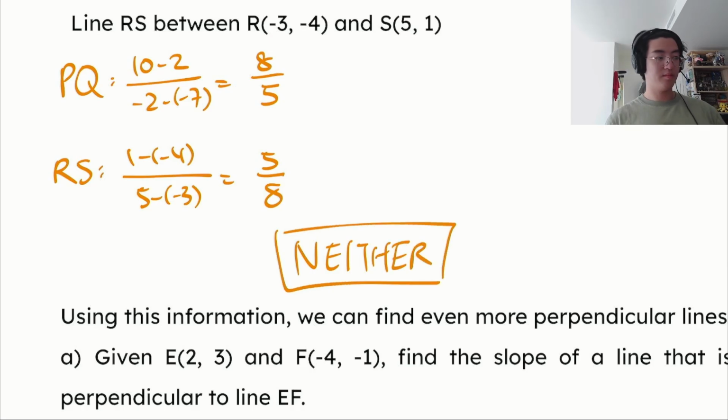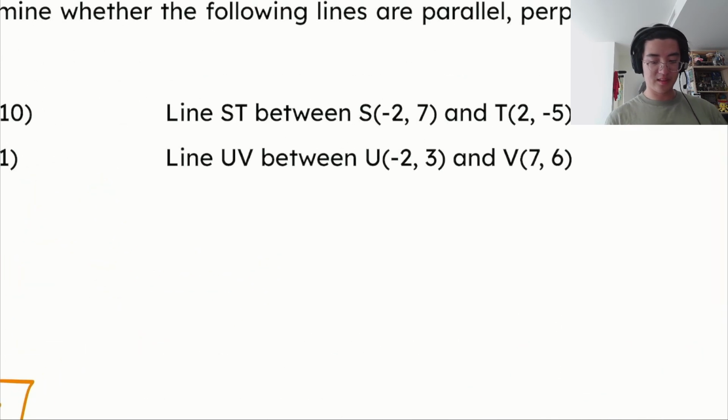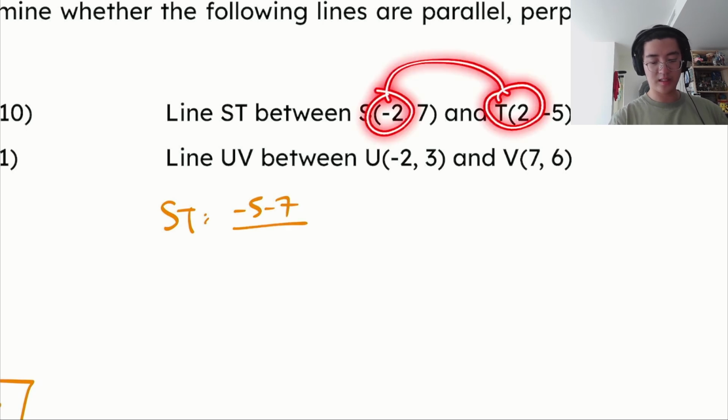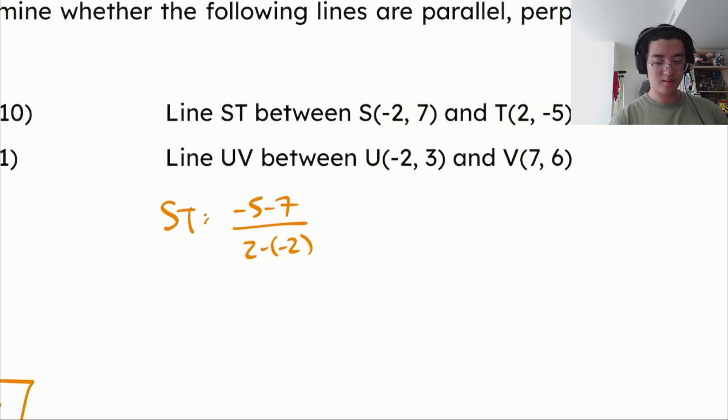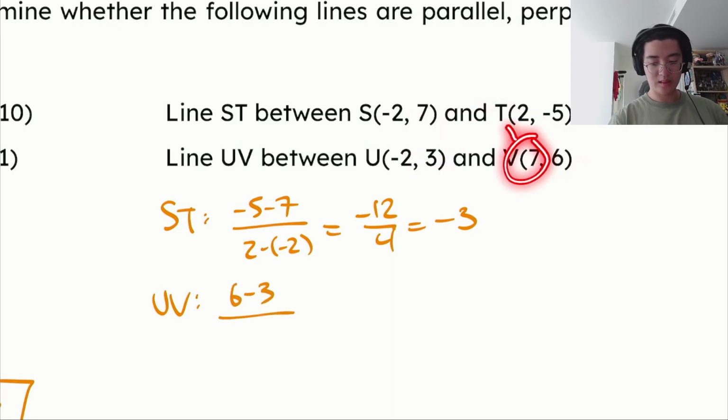Okay, how about this one? Negative 5 minus 7, over 2 minus negative 2. It's negative 3. Then 6 minus 3, over 7 minus negative 2.